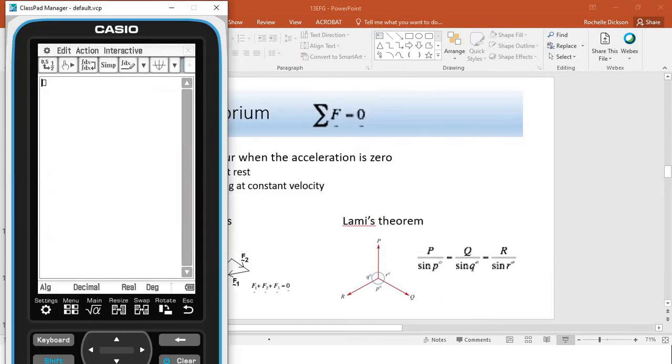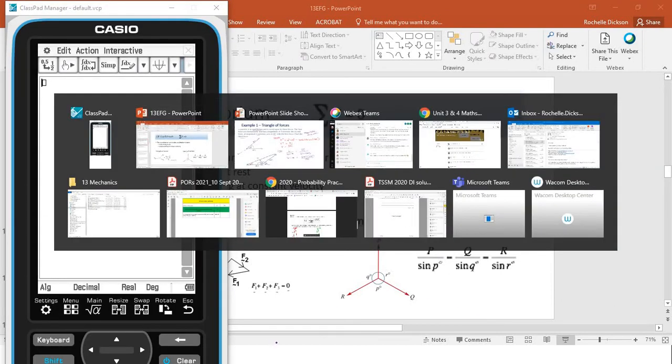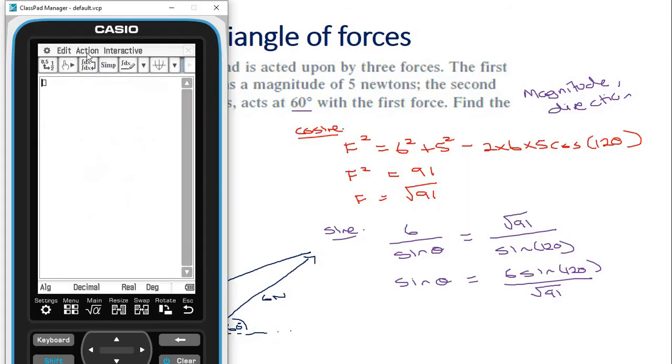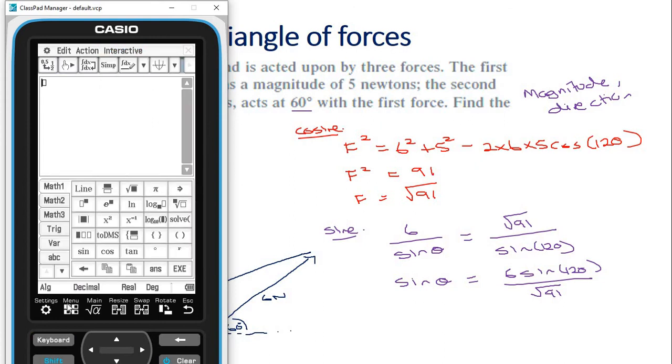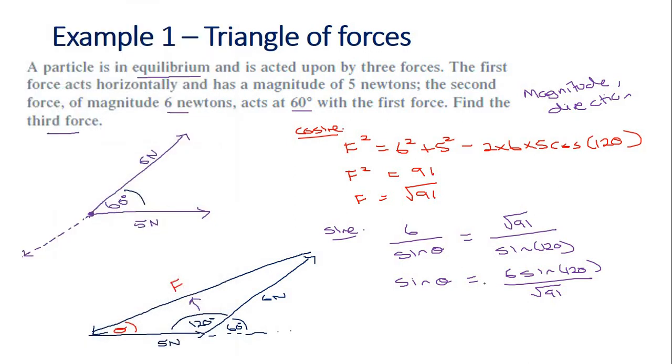We can put this in CAS. We want inverse sine, so trig, inverse sine, generally in degrees because our other angles were in degrees as well, of 6 sine of 120 over square root of 91, and we get an answer of approximately 33 degrees.